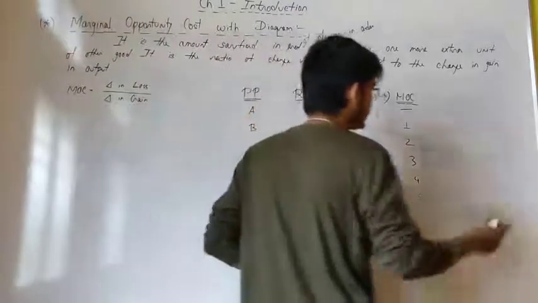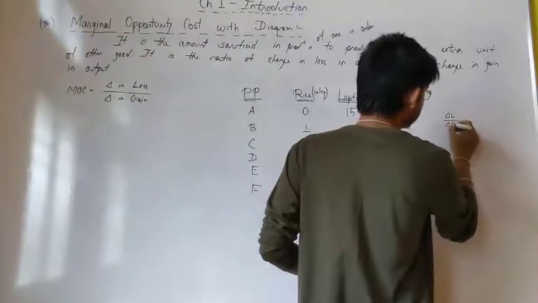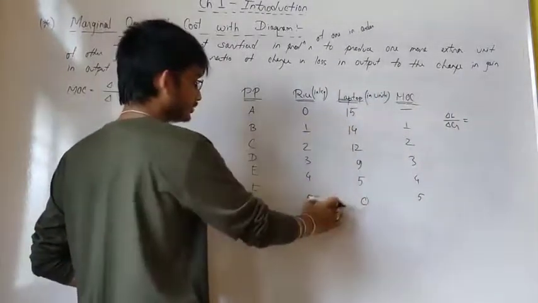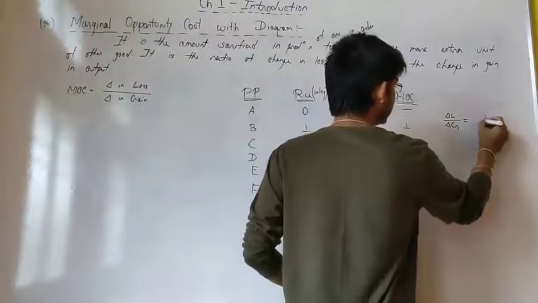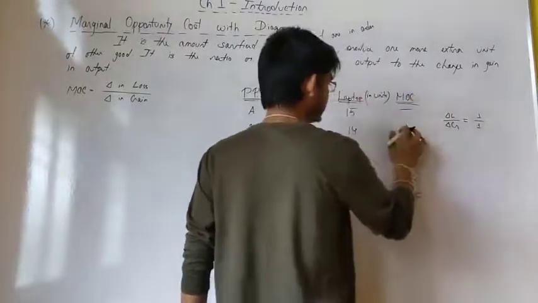Let's see our MOC: change in loss divided by change in gain. The loss in output was associated with laptop, so the change in loss is 1, and the change in gain is 1. So 1 divided by 1.